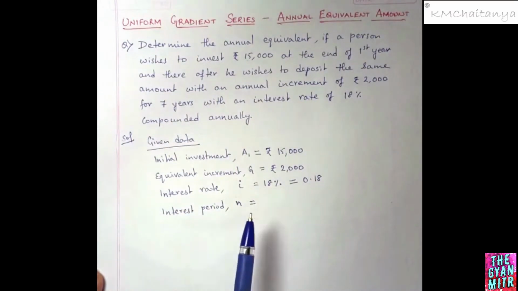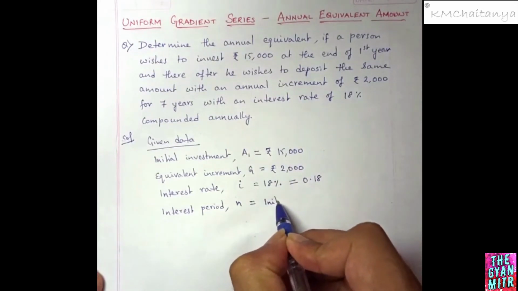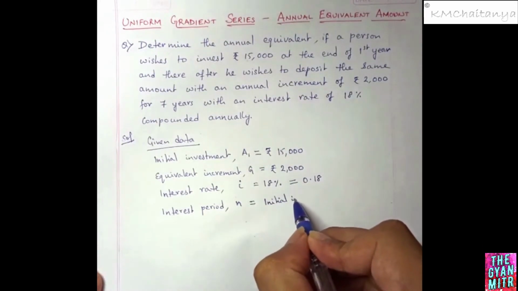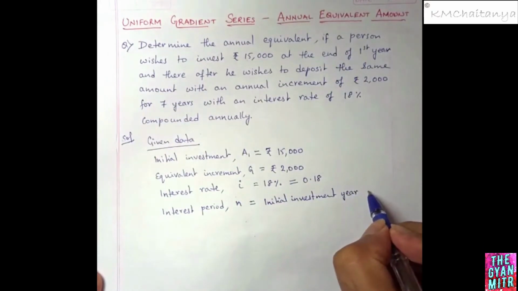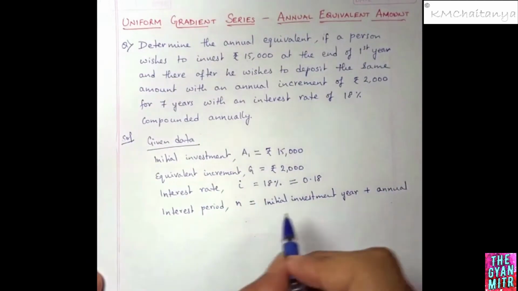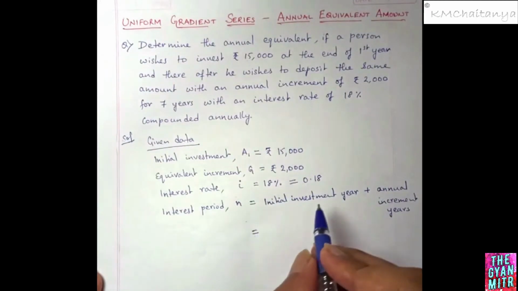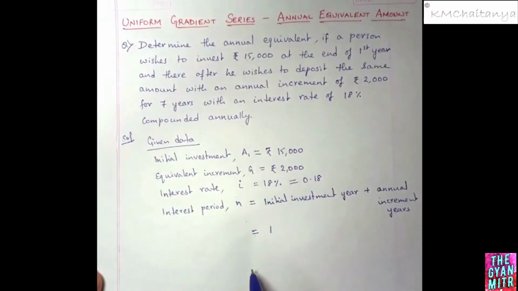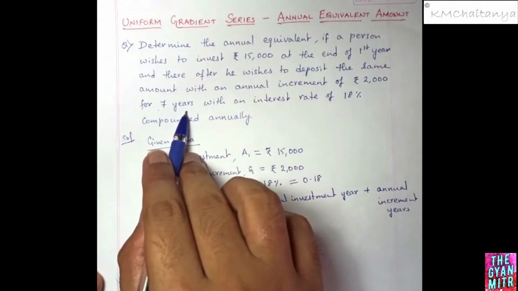Therefore the interest period will be initial investment year plus annual increment years, which is equal to, so initial investment is at the first year plus there are 7 annual increment years.